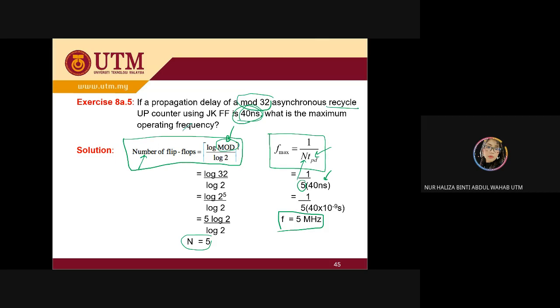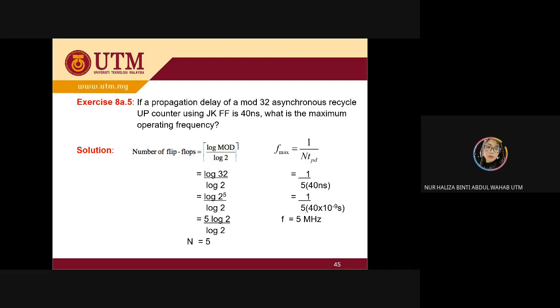But sometimes you will be given the frequency and the value of flip-flop, and you've been asked to calculate the TPD. Or sometimes you were given all these values, but you need to find the N. So that's why I asked you to play around with the equation.